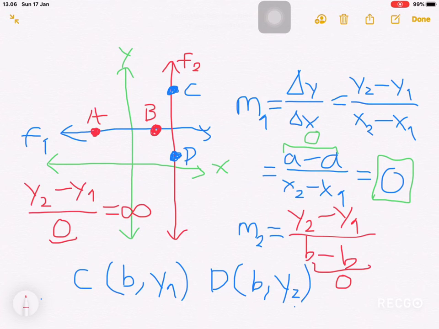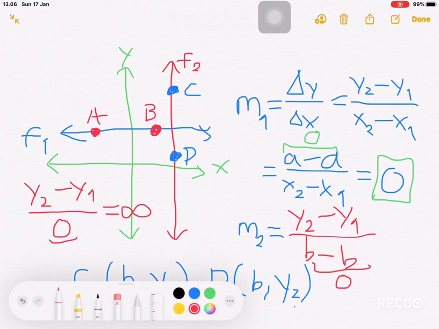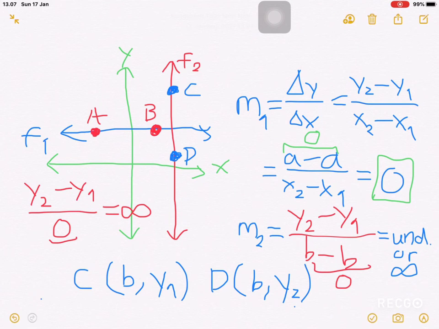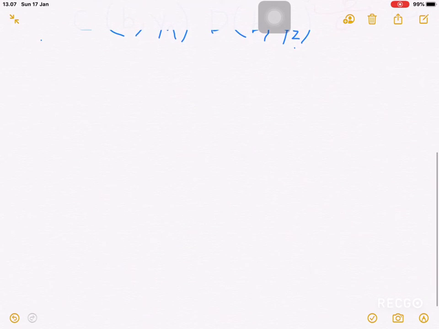It kind of breaks everything, I guess. So we can just say the slope of a vertical line is undefined, or it's infinity. Either way you want to say it, it will still be right.